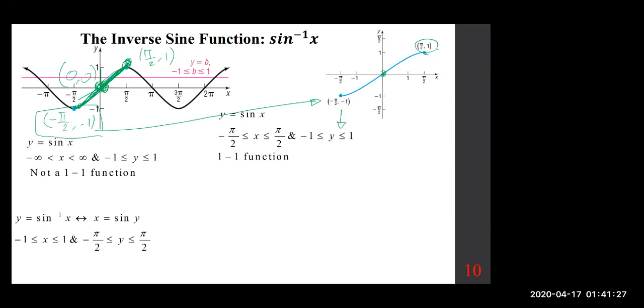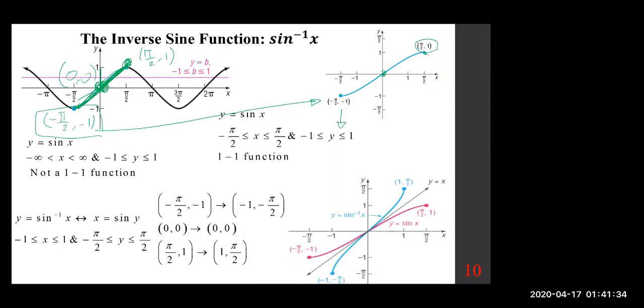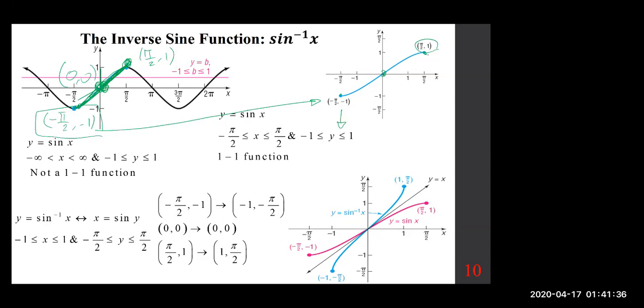For the inverse, the domain and range are interchanged. The pairs are interchanged, and here's the graph, everybody. Do we see that? Are there any questions?